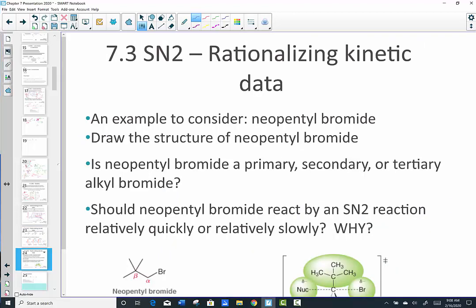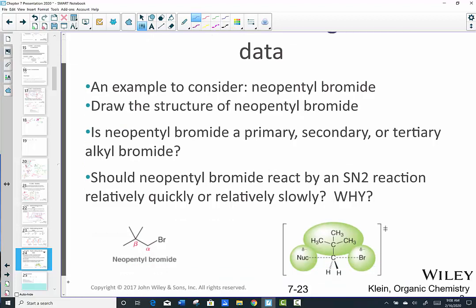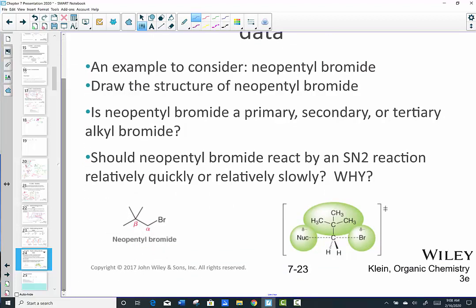Let's just think about an example of neopentyl bromide. 1, 2, 3, 4, 5 carbons. In a neo position, the beta carbon has 3 methyl groups hanging off of it. So a common name is neopentyl bromide.